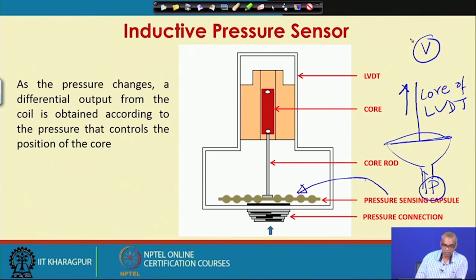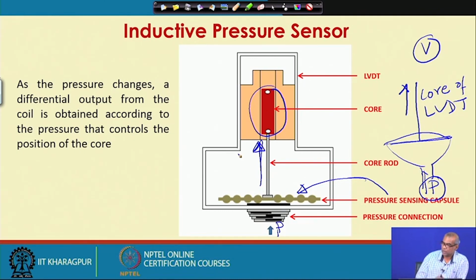So, as the pressure changes, a differential output from the coil is obtained according to the pressure that controls the position of the core. So, this pressure sensing capsule receives pressure. Accordingly, it deflects. That displacement goes through this core of the LVDT, and the location of this LVDT core is decided by this displacement.